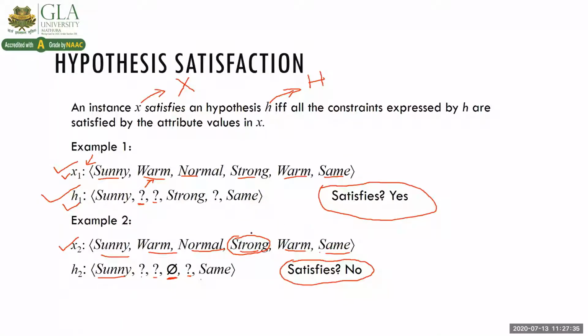So if some instance x satisfies all the constraints of hypothesis h, then h classifies x as a positive example. Otherwise, it will be treated as a negative example. Now, can anyone give a hypothesis in which we satisfy all the conditions, which is called the general hypothesis?